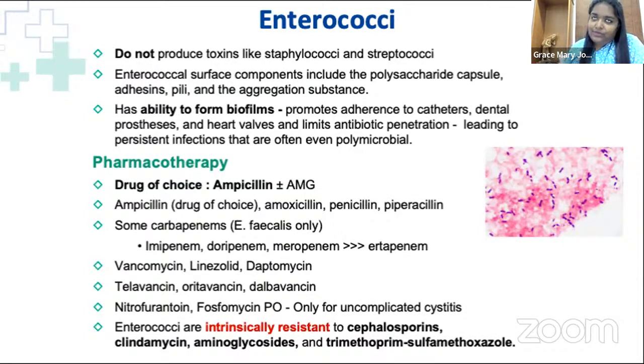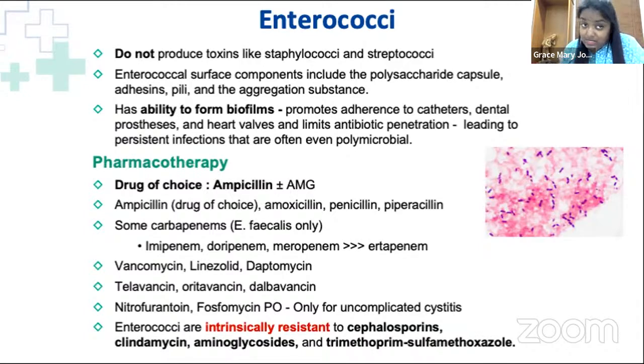Now, the other thing that I want all of you to keep in mind is that if you have infective endocarditis because of Enterococci, you might see a double beta-lactam strategy. Usually we say that for whatever infection, you don't give two antibiotics from the same class.